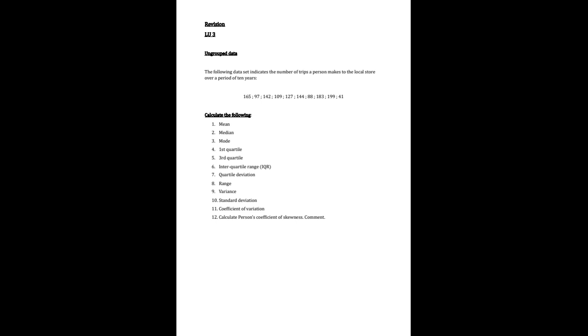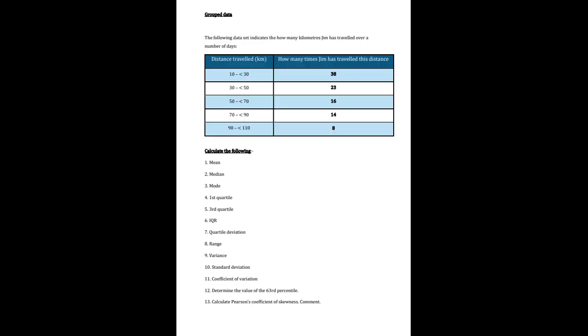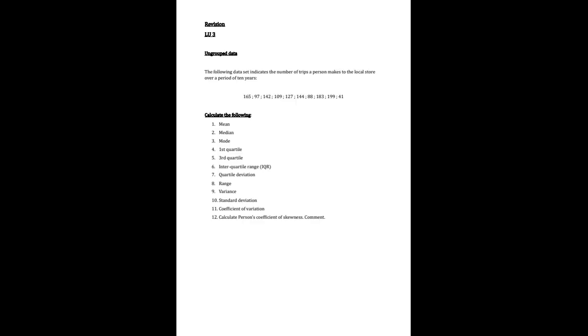And then you also have the second half of the learning unit, which would be a table with information that looks like this. So for today, we are not going to look at the second half of the worksheet. That we will leave for next week. For today's session, we are looking at just this first page.